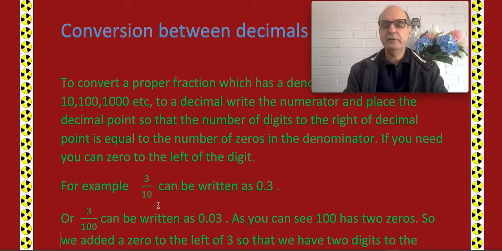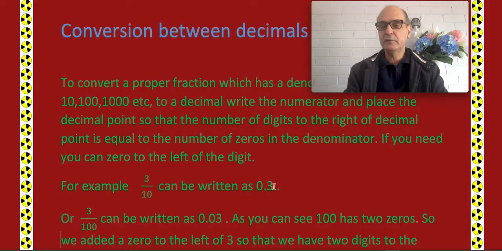Then you need a decimal point. Where do you put the decimal point? Look at the denominator. How many zeros do you see here? Only 1. So you need to put your decimal point so that there is 1 digit to the right of it. We already have 3, then the decimal point should go here.